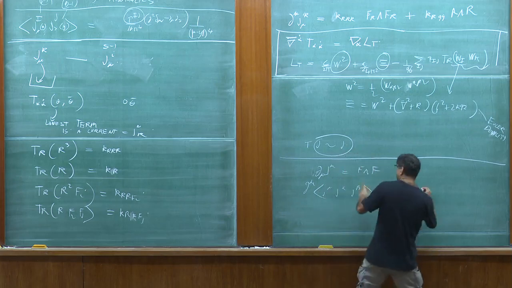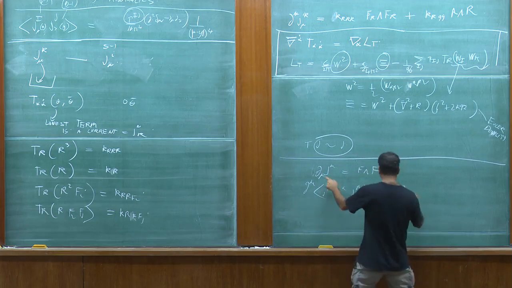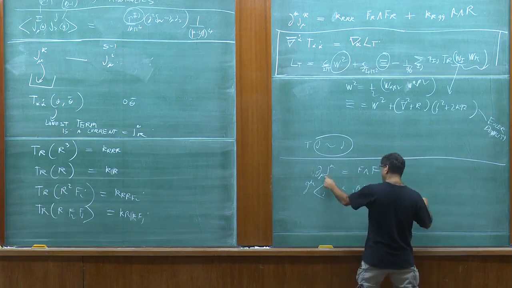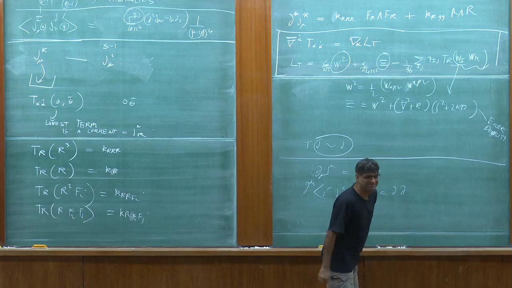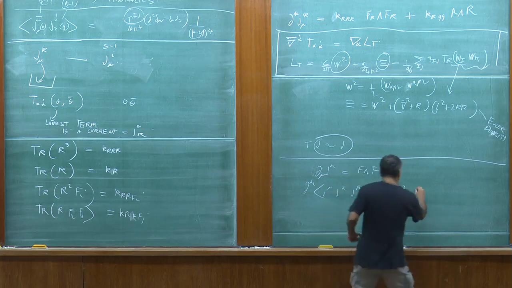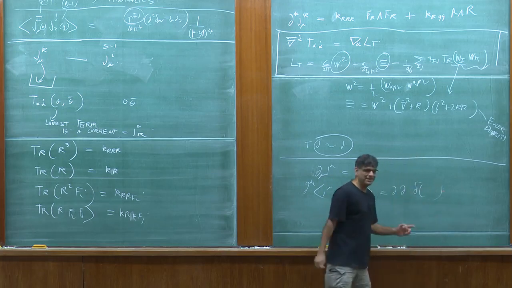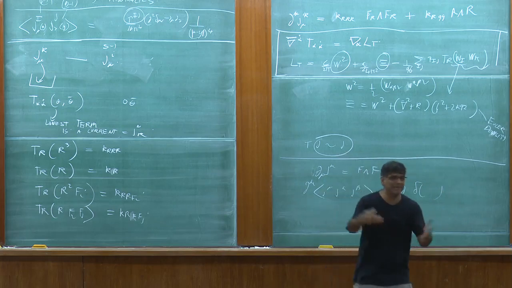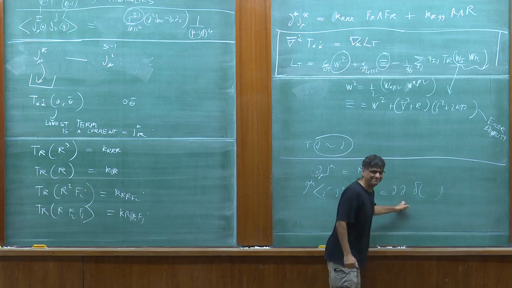Okay? And then you'll get a delta function that tells you that all three had to be at the same place. Okay? So I'm saying it very schematically, but there's some delta function that forces all three to be at the same point. And there's some derivative structure here.